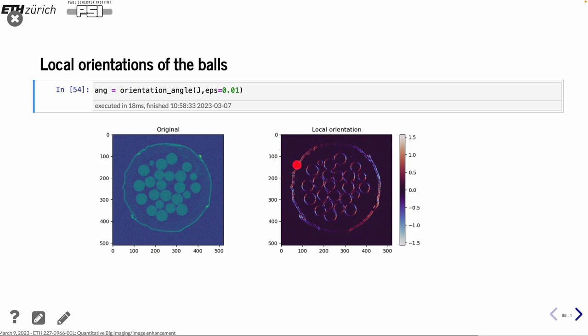But here now we have converted this image into an image where we have local directions. So this image actually shows you the local rotation of the structures. And that's a piece of quantitative information already.